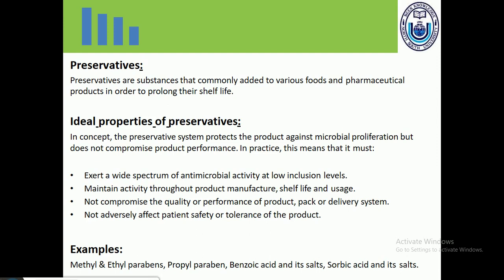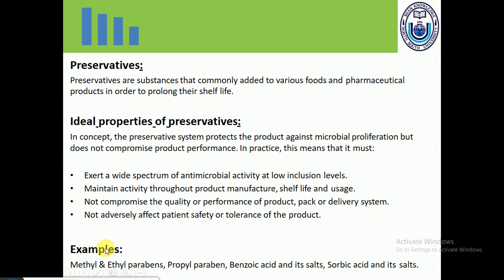Another ideal property of the preservative is that it does not compromise the quality or performance of the product, pack or delivery systems, and does not adversely affect the safety or tolerance of the product. These are the basic ideal properties which must be present in the preservative.